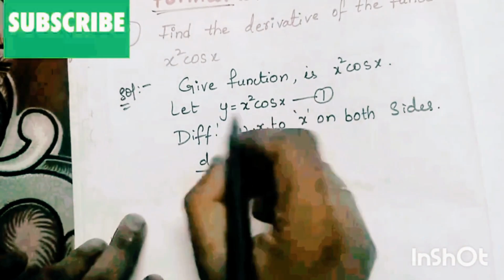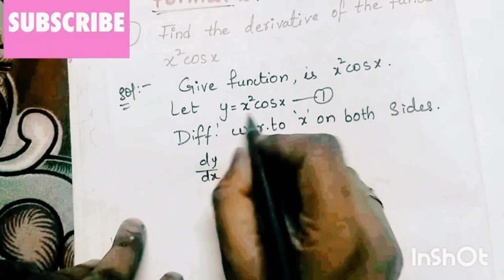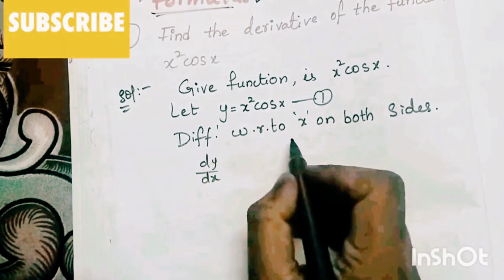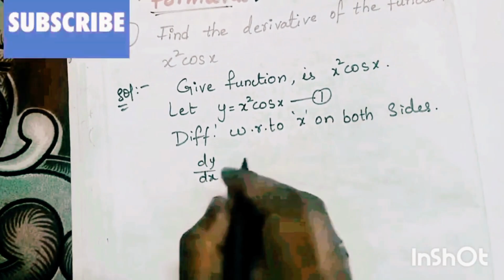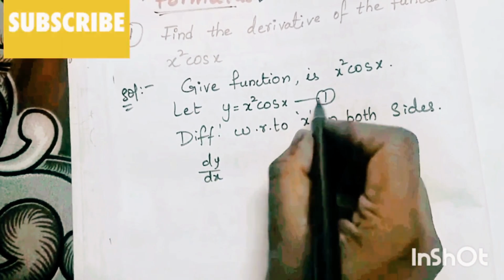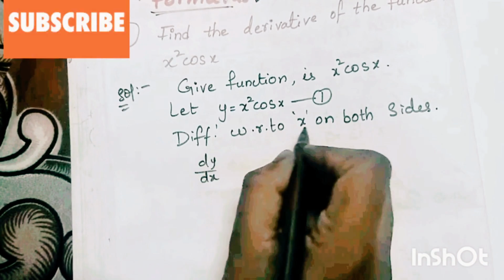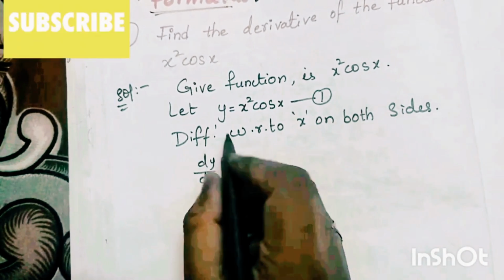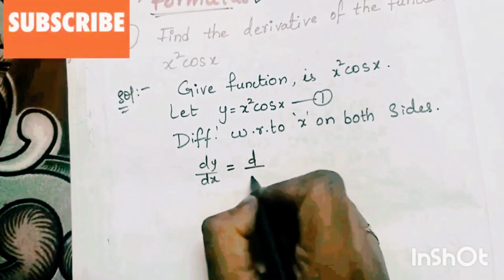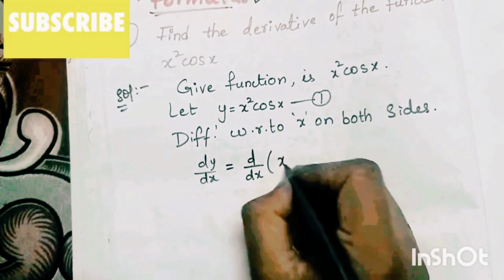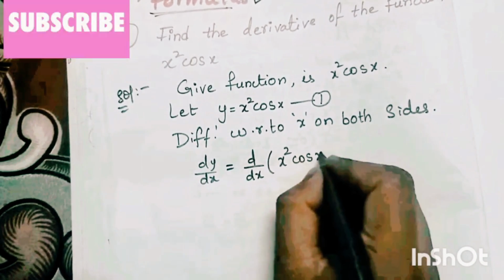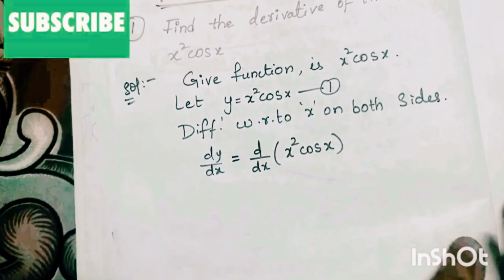To make it easy, differentiate equation 1 with respect to x on both sides. dy by dx equal to d by dx of x square cos x, write it in brackets.